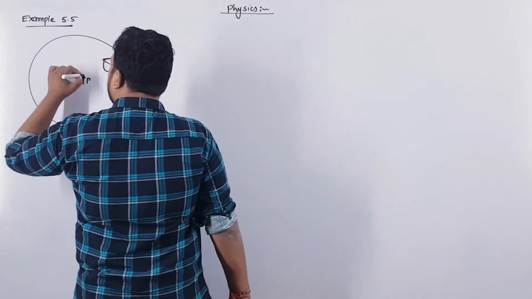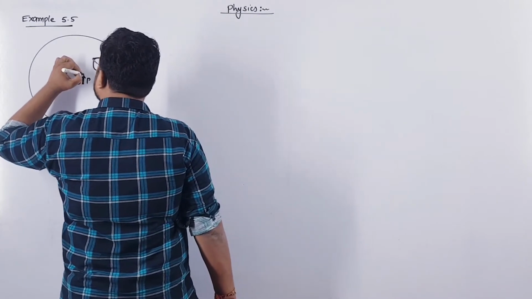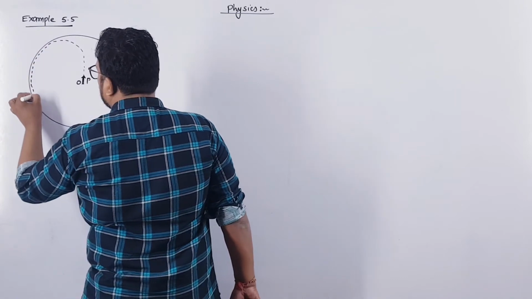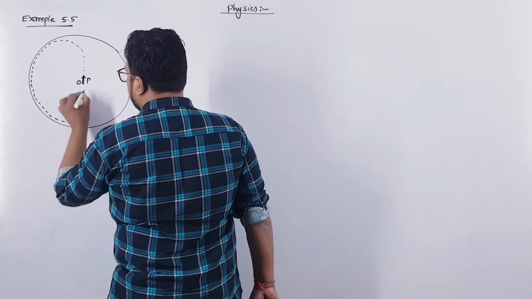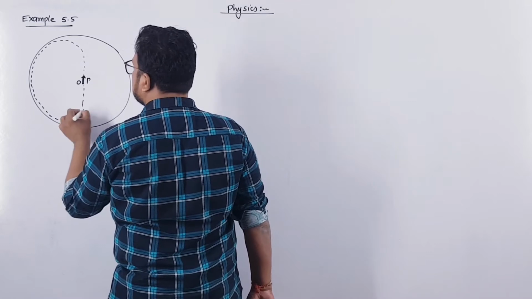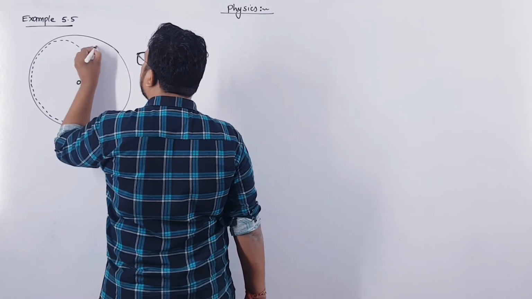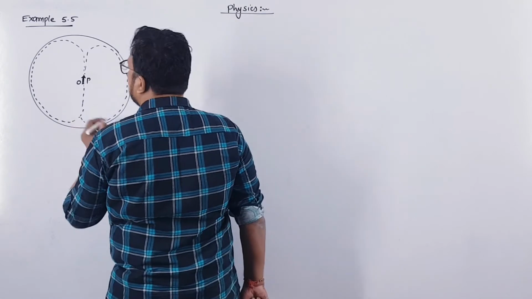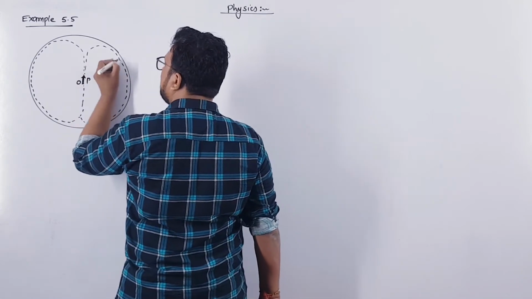So the magnetic field lines for this needle will be in this direction. From arrow to tail, right? From arrow to tail. So the direction will be like this.